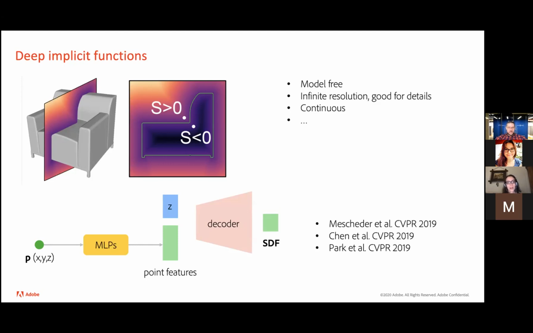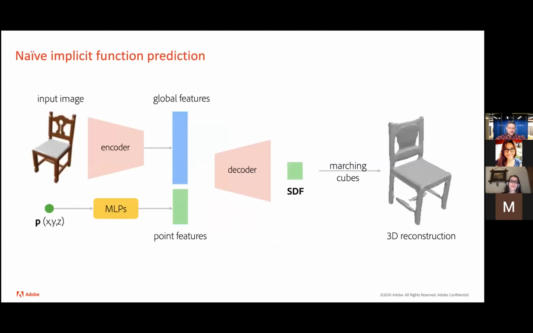If we want to apply this same method to the task of single view 3D reconstruction, the naive implementation could be: I have my point and the features extracted from this point, and in terms of a random latent code Z, I can now extract some features from my image and give the image features and the point features to a decoder and predict the signed distance of this point.